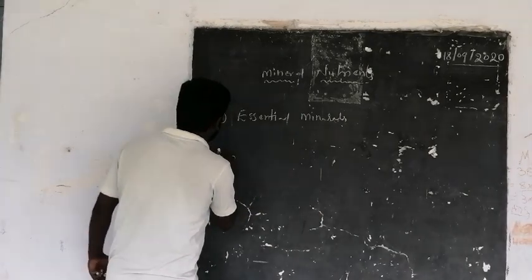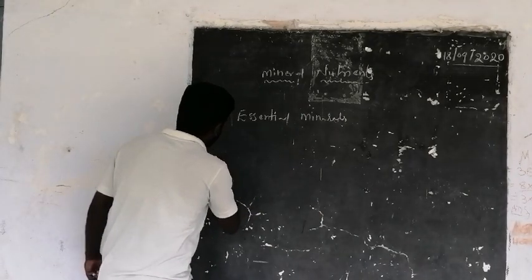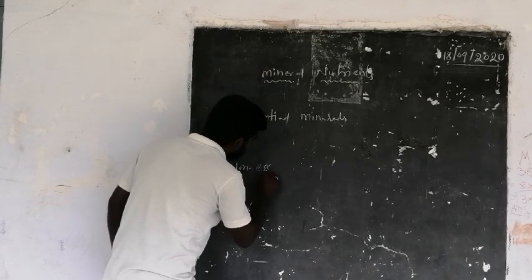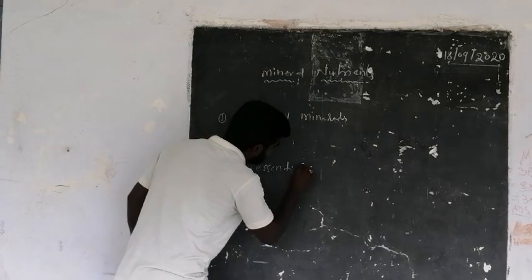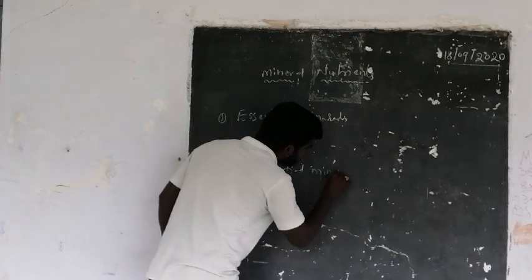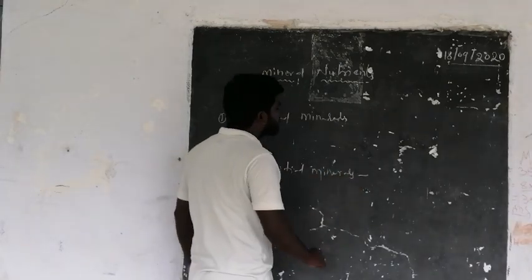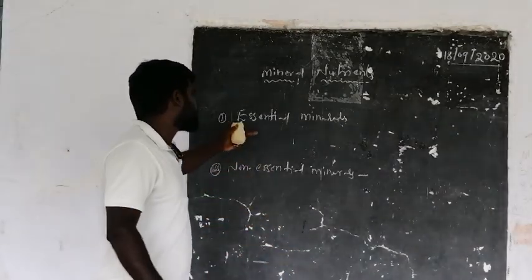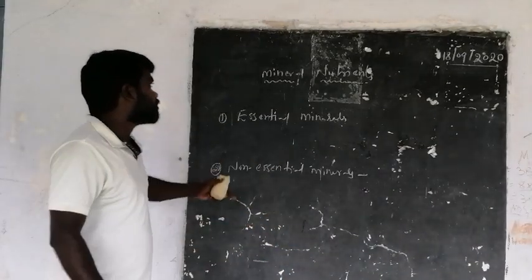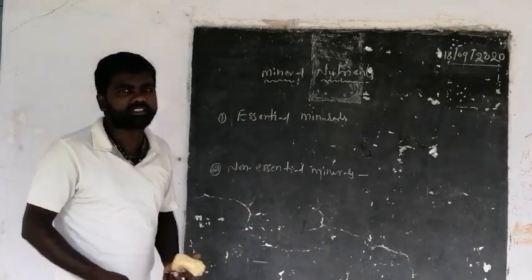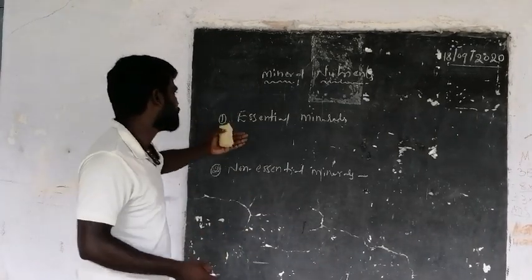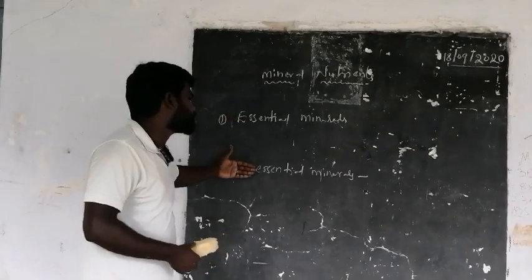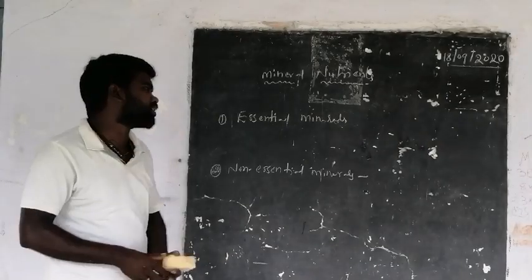Essential mineral nutrients and non-essential mineral nutrients. The mineral nutrients that are required for the plant's growth and development are categorized mainly into two types: essential mineral nutrients and non-essential mineral nutrients.